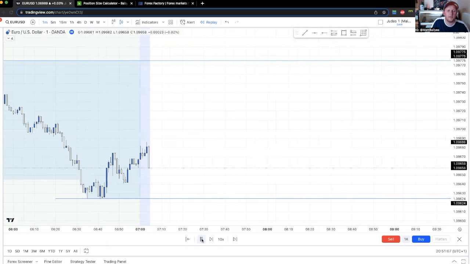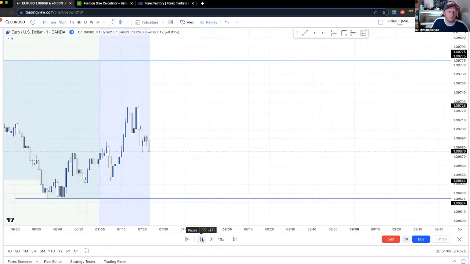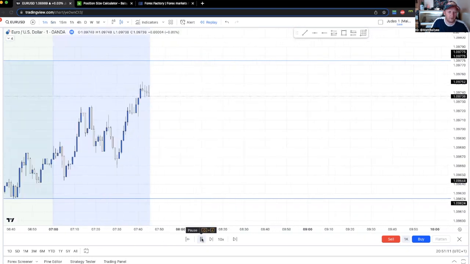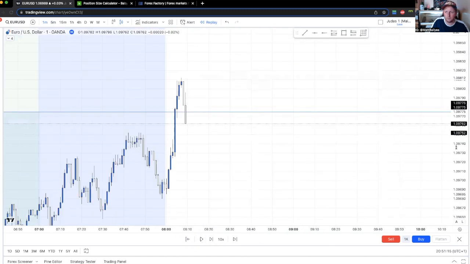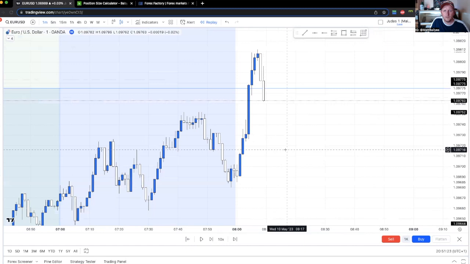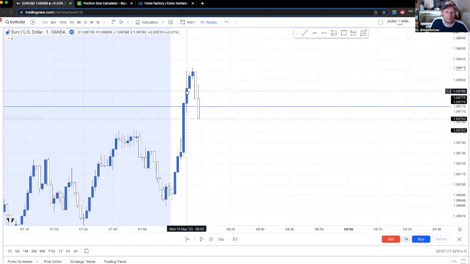Let's see what the 10th of May brings us. Just going to wait for the previous Asia highs or lows to break. Oh, there we go. Nice big sweep right there. Now what we're going to be looking for is a candle that didn't break the previous candle high, which is this one right here, but the next one did.